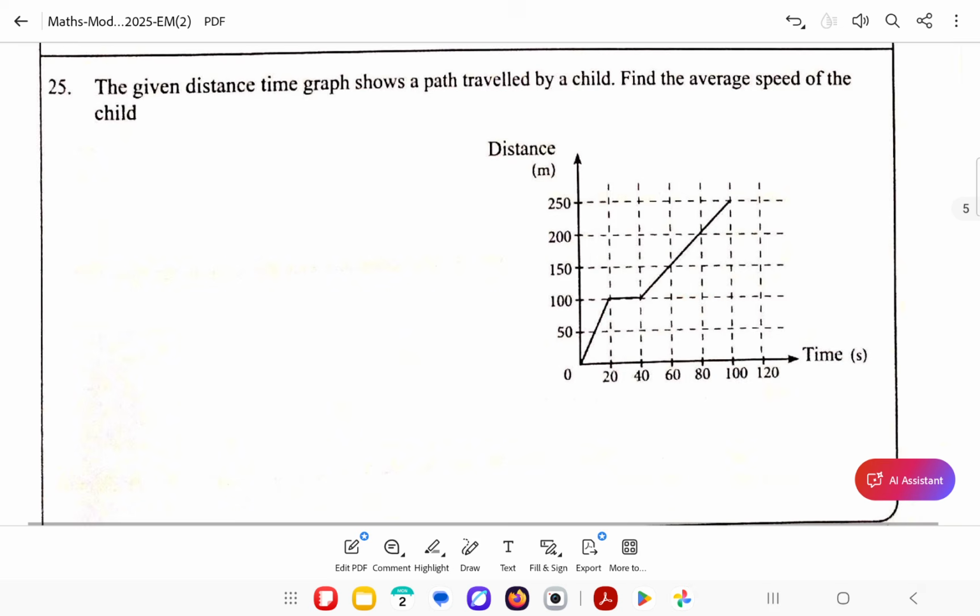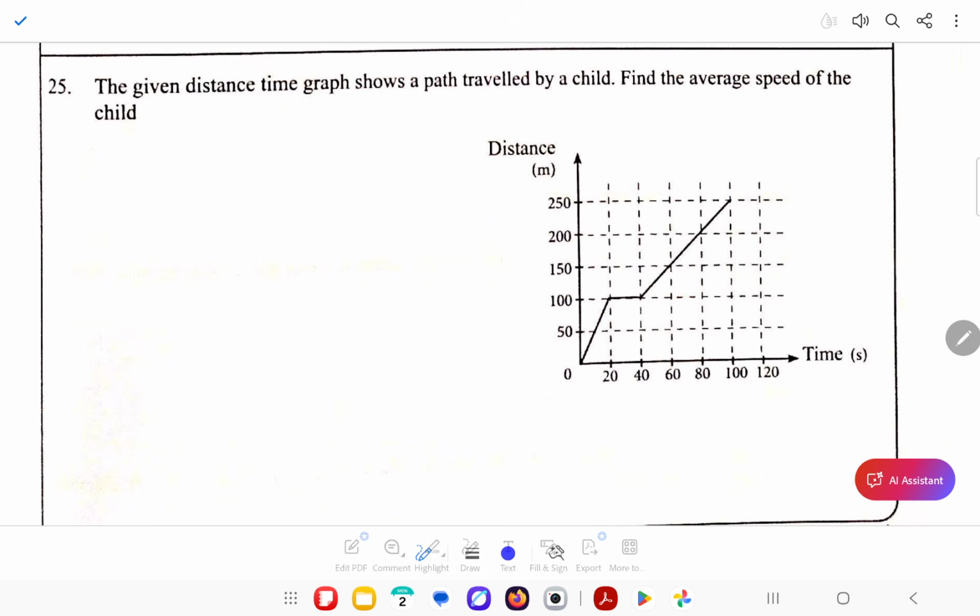Right. 25. The given distance time graph shows a path traveled by a child. Find the average speed of the child. Average speed is equal to total distance over total time.